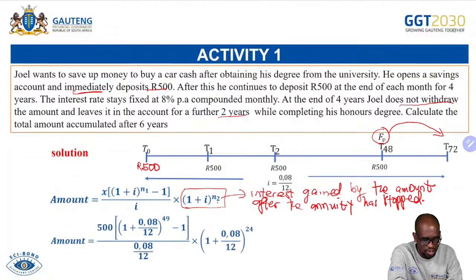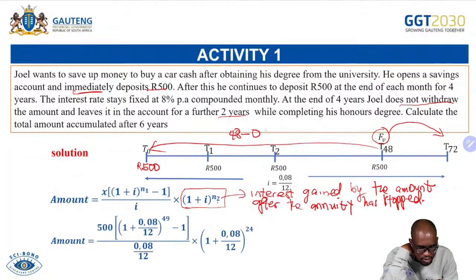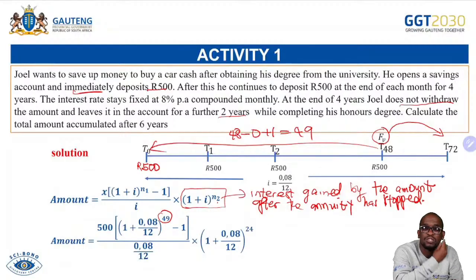So let's go. We are now substituting. The amount made is 500. The interest rate is 0.08 as a fraction, divided by 12 because we are doing it monthly. How many payments were made? It's 48 minus 0 plus 1, which is 49. So that is why we have 49 payments there, because there was an immediate payment, an extra payment made.